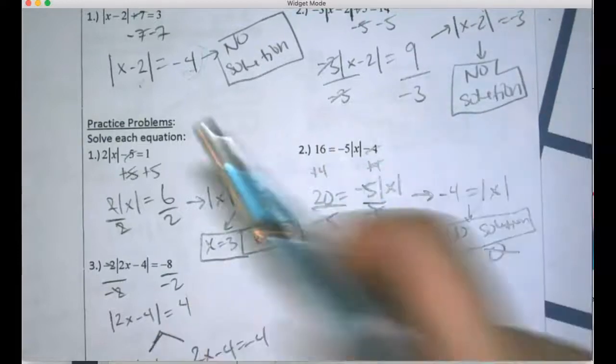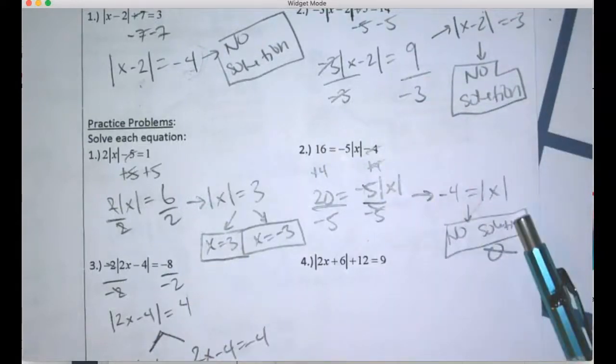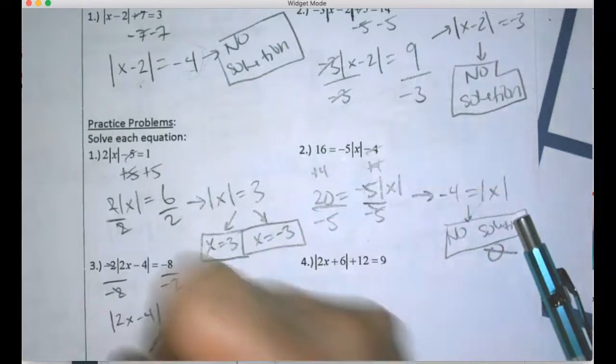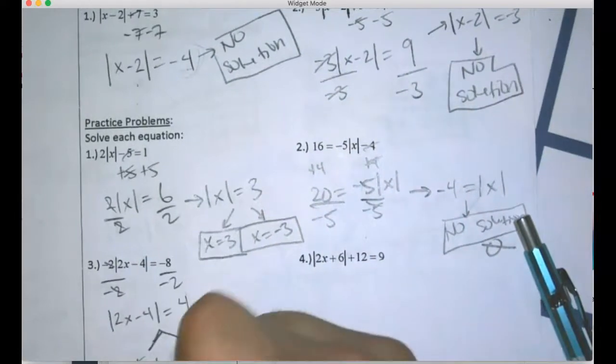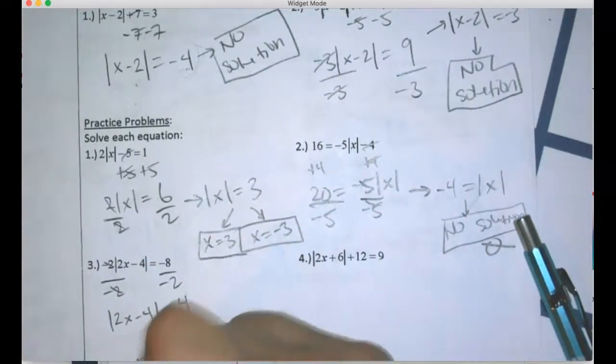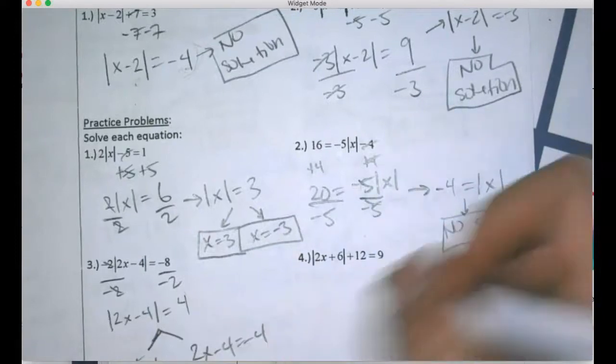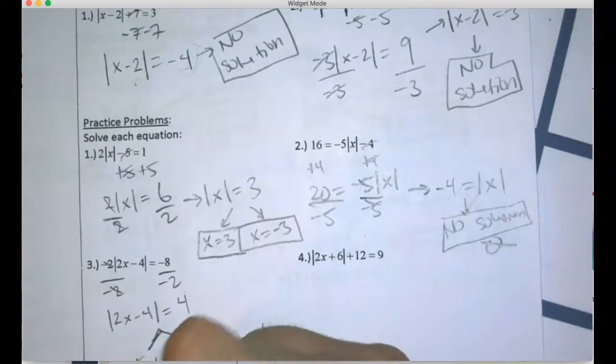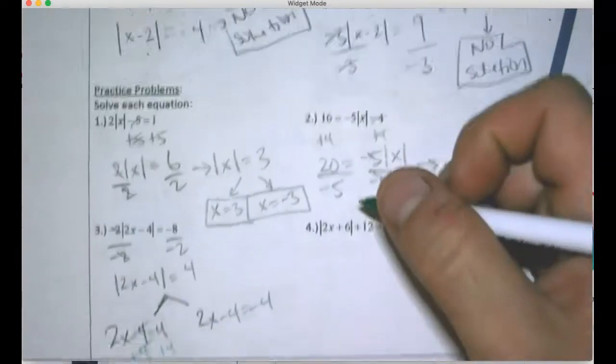So I'm going to solve these two now, and that is by adding 4 as my first step here. 4 plus 4 is 8. 2x equals 8. If you divide by 2, you will get x equals 4. I'm just going to try to write that in. I'm running out of space here, guys.